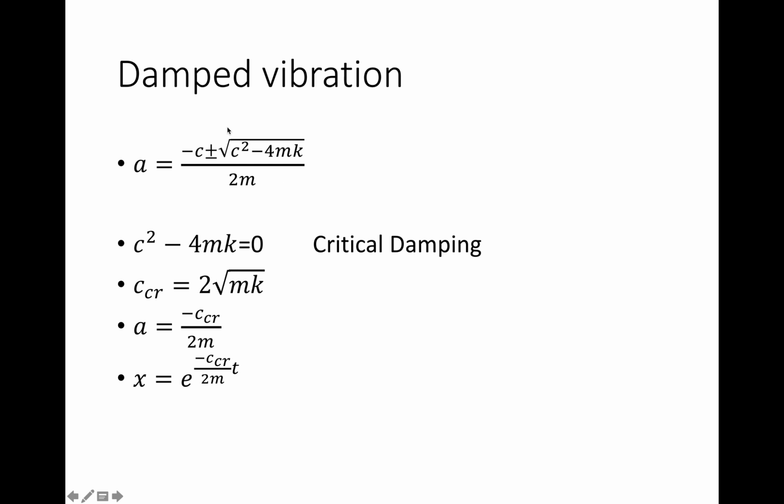And when this part becomes 0, C becomes the critical damping C, and a will be defined like this. It will have a unified result, so only one result here. We can find x equals e to the power of minus C_cr over 2m times t.